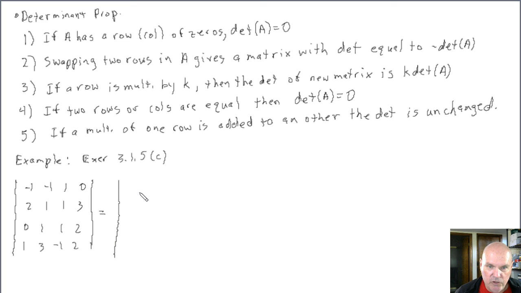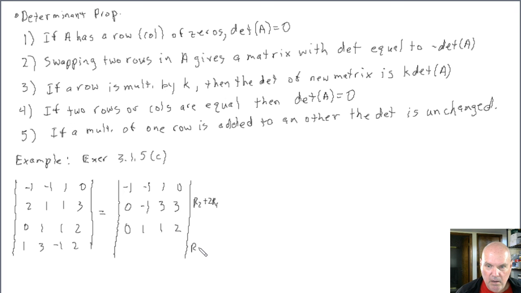Property 5 doesn't change the determinant, so the first row stays -1, -1, 1, 0. For row 2, I'm going to replace it with row 2 plus 2 times row 1. Adding a multiple of another row to this row gives me a 0 here, -2 plus 1 would be -1, then 3, and then 3, and then 0, 1, 1, 2.